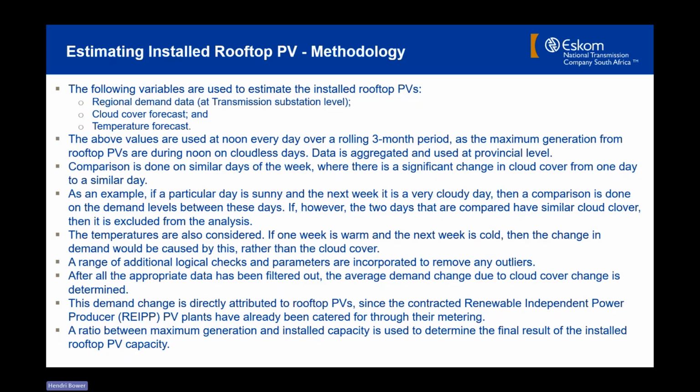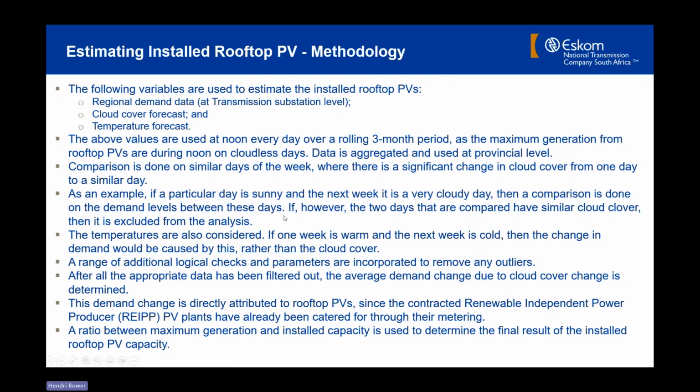As an example, if a plant has an installation of 100 megawatt, normally your maximum will sit close to about 90 megawatts, especially during certain periods of the year, and that level can be even lower during winter months. So that ratio between your maximum generation and your installed capacity I incorporate to get the final result for the installed rooftop PV capacity.